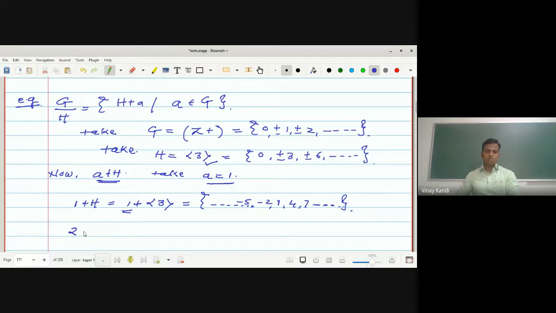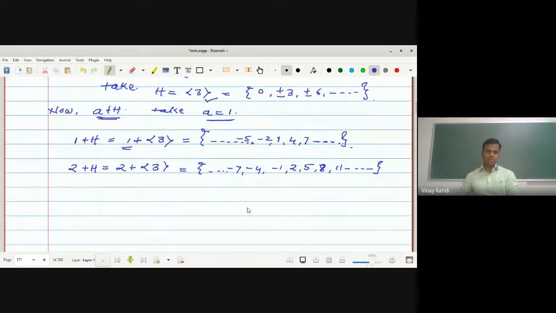Now what will 2 plus h be? Add 2 to each and every element of the subgroup generated by 3, that is 3h. 0 plus 2 is 2, 3 plus 2 is 5, then 8, then 11, up to so on, and on the left side we get minus 1, minus 4, minus 7, up to so on. Is it correct? What is here, a equal to 1, a equal to 2.